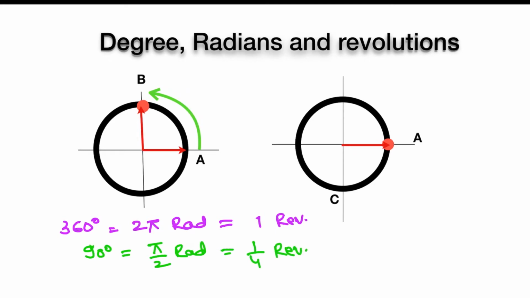And this is a positive angular displacement because the direction of motion is anti-clockwise. In another case, the object is moving in the clockwise direction and it travels 90 degrees. So here the angular displacement del theta is equal to minus 90 degrees, or you can say minus pi by 2 radians.